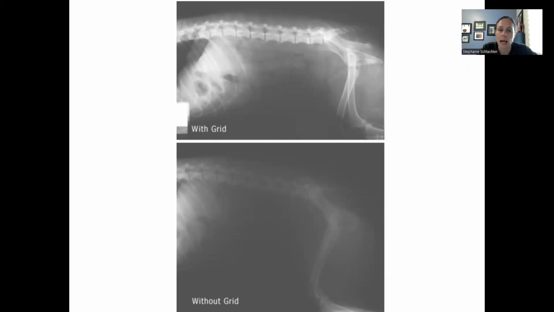You actually make out less in your image, right? I can see the bones still, but I don't make out any organs in the abdomen. It just looks like a skeleton. It doesn't even look like there are soft tissues in there compared to the top one, where at least I can make out some kidney and intestine and bladder and stuff like that, okay? So that's the difference between with a grid and without a grid.